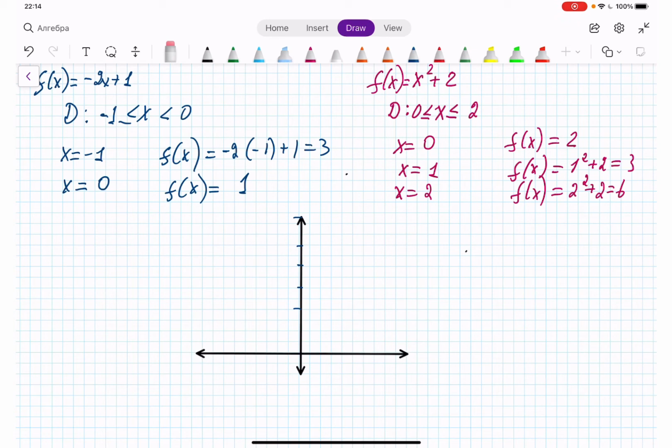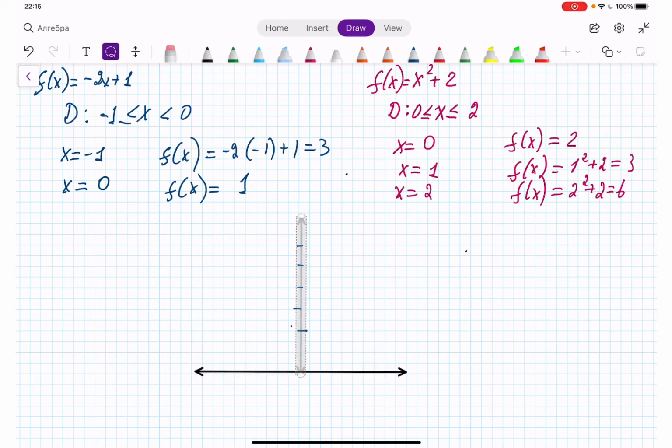And 1, 2, 3, 4, 5. Okay, let me move one more down. Right here. So it's going to be 1, 2, 3, 4, 5, 6.